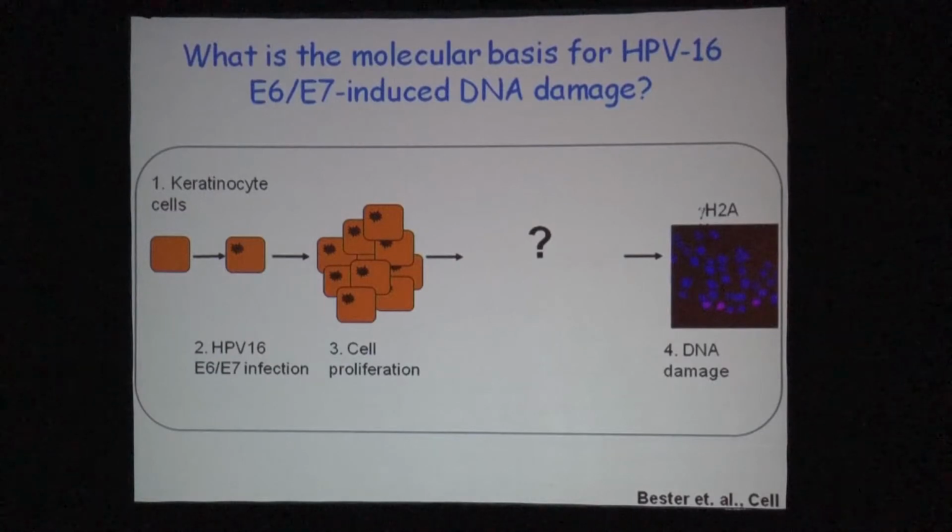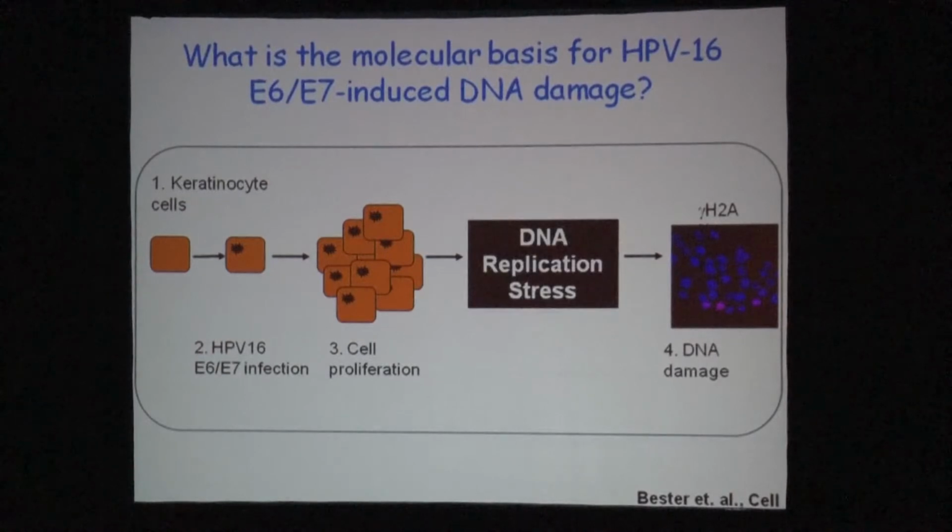So we had a hypothesis which was counterintuitive, turned out to be correct, but was very counterintuitive, and it is based on what we know in our lab from many other studies that we did. We hypothesized that we get breaks in the DNA because something is wrong with the DNA duplication. It's the DNA replication, that there is stress, we call it.